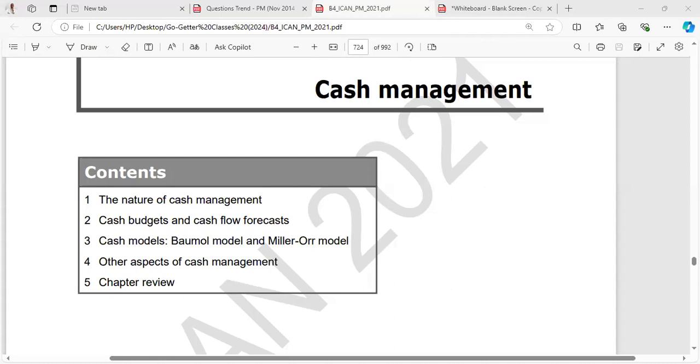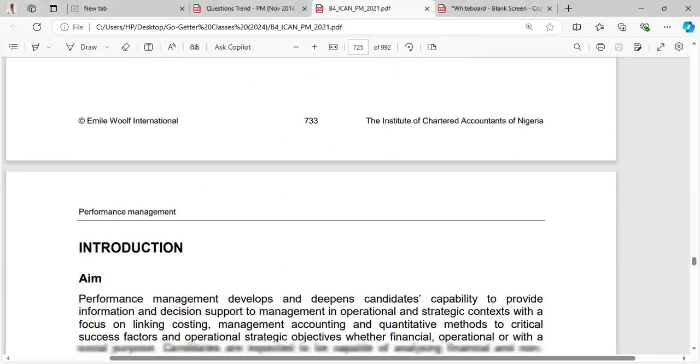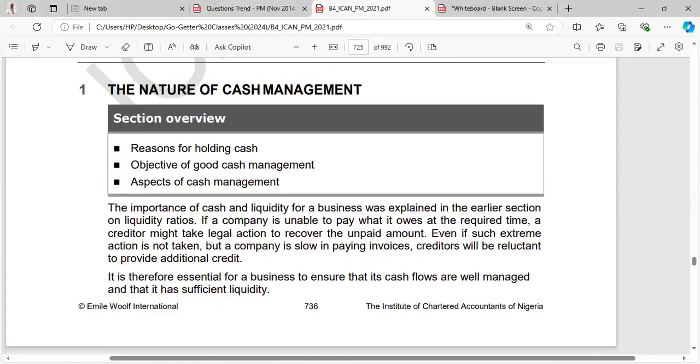And what makes up current assets? We have inventory, we have receivables, and of course, cash. So let's go straight now to our business for today, the nature of cash management.